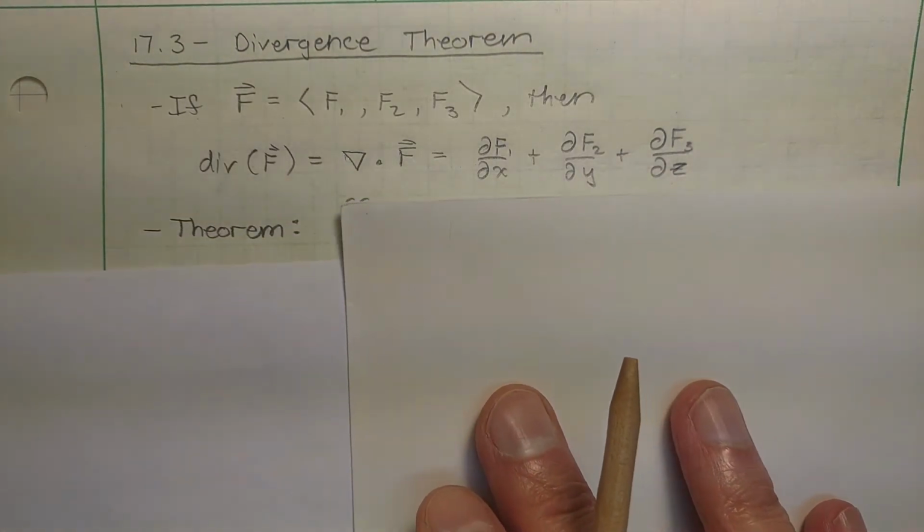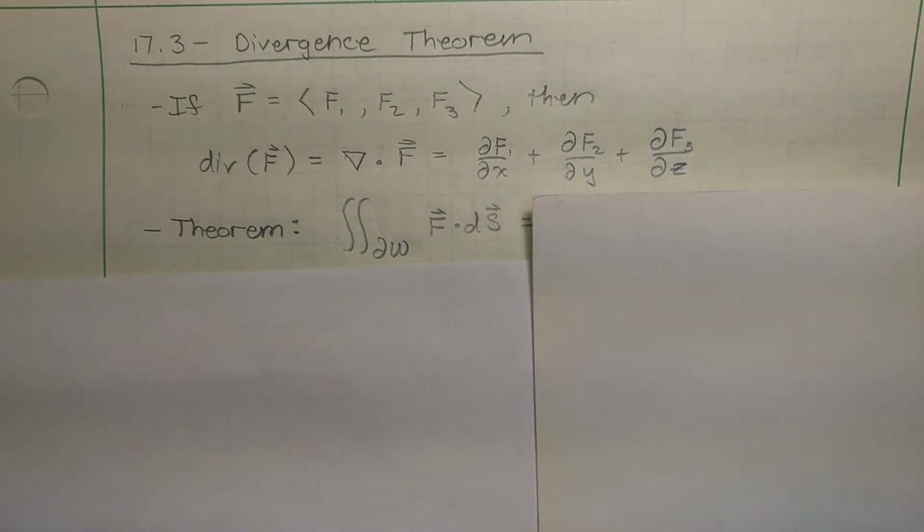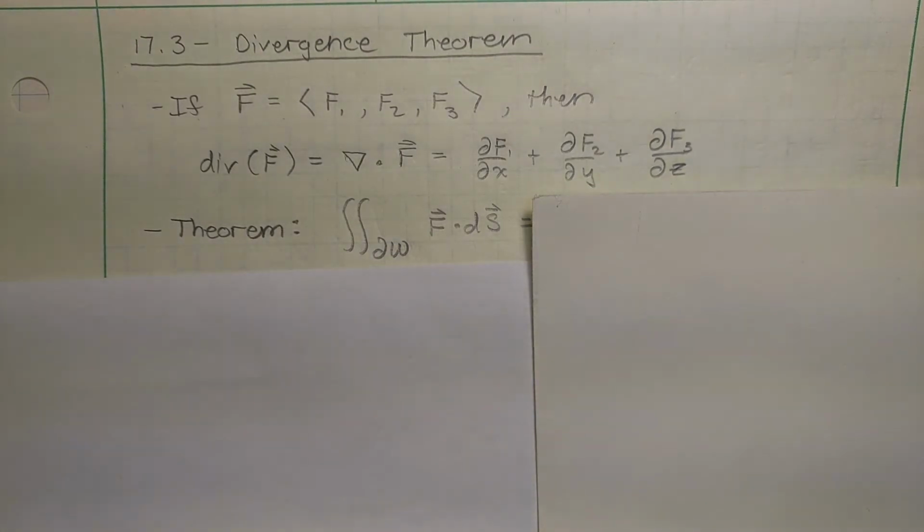So here comes our divergence theorem. The theorem says, and this is our standard thing we're used to seeing, we've got a double integral over the boundary of W, and W is actually a space, a three-dimensional space in essence.